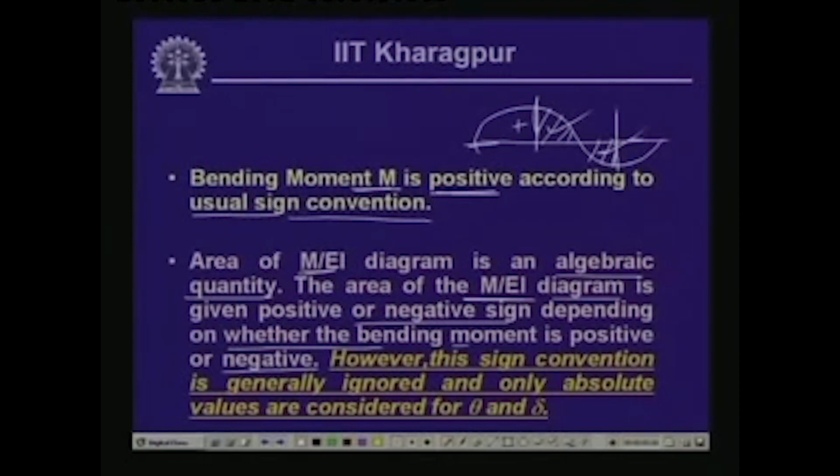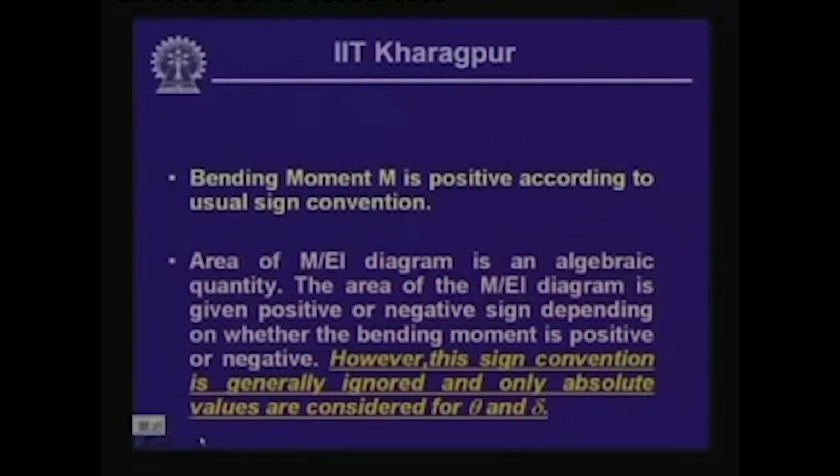We are only interested to evaluate the magnitude of these quantities, the slopes or the deflection. So, this sign convention is generally ignored, and only absolute values are considered for evaluating theta and delta. This is what is important while using this moment area theorem.